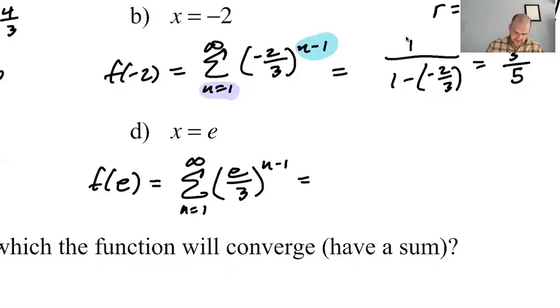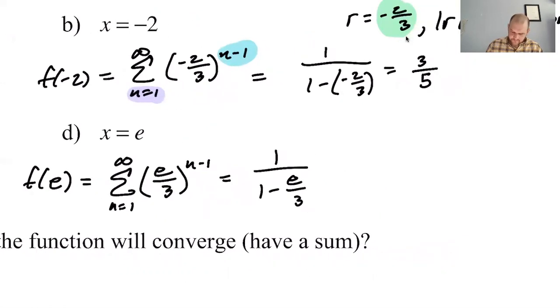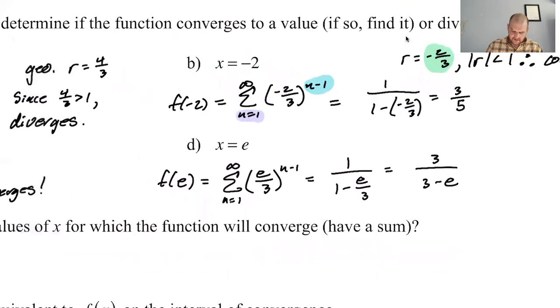First term is take this and sub it in for n. So we get that to the 0, so 1, over 1 minus the ratio, which is just e over 3. Should I simplify this? 3 over 3 minus e, I guess. There you go.